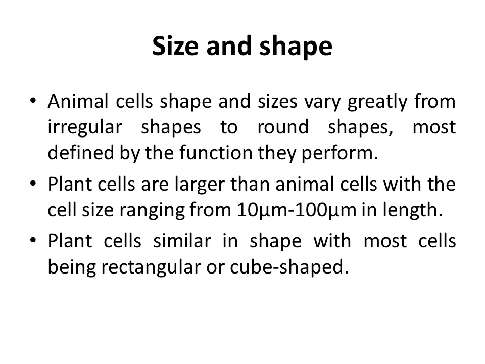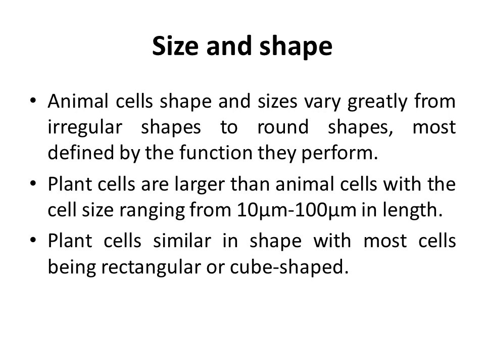If we compare size and shape of both types of cells, animal cell shape and size vary from those of the plant cell, as an animal cell can have an irregular or round shape and is not as well defined in shape as that of the plant cell due to the presence of a cell wall around the plant cell.